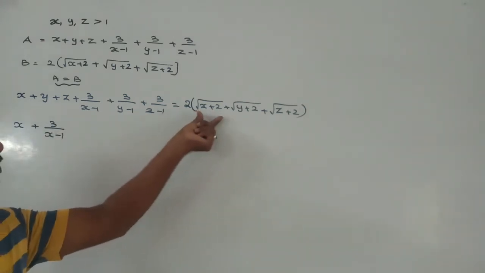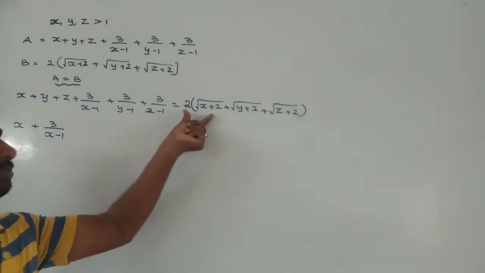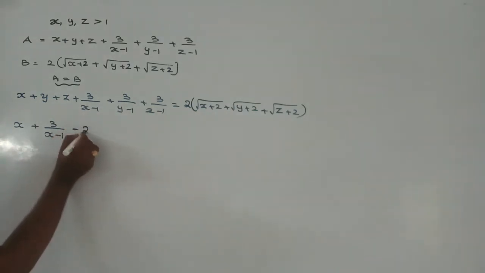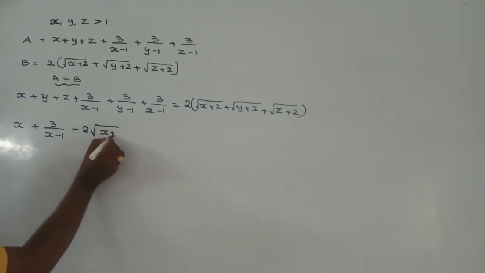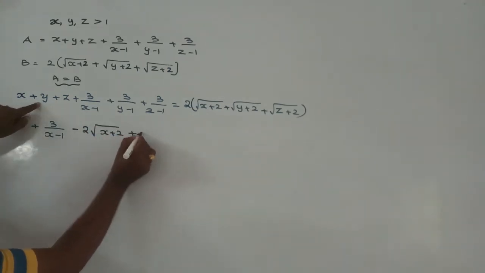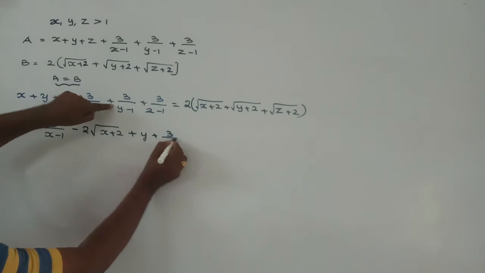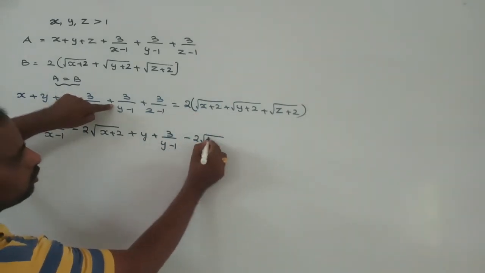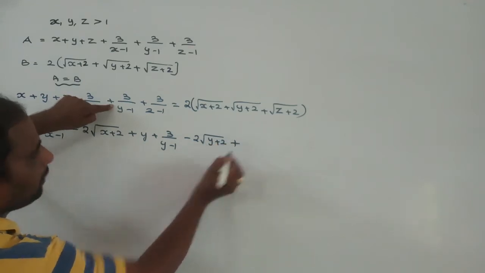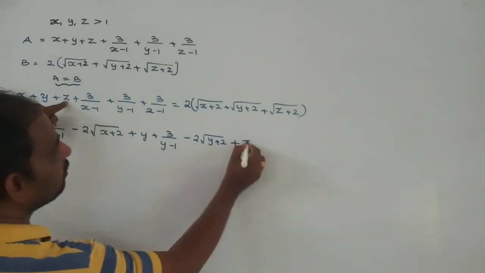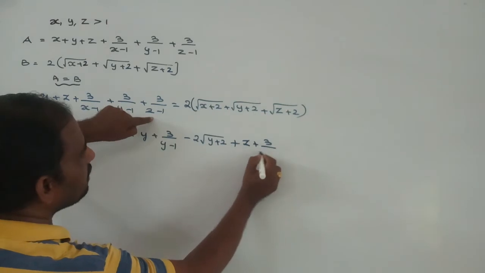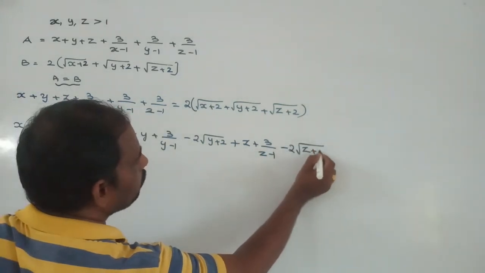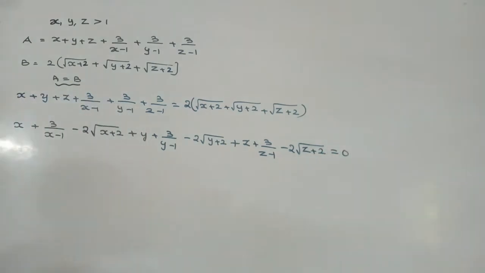Here 2 into root x plus 2 is positive; if it takes to the LHS, it becomes negative, minus 2 into root x plus 2. In the same way, y plus 3 by y minus 1 minus 2 into root y plus 2, plus z plus 3 by z minus 1 minus 2 into root z plus 2 equal to 0.